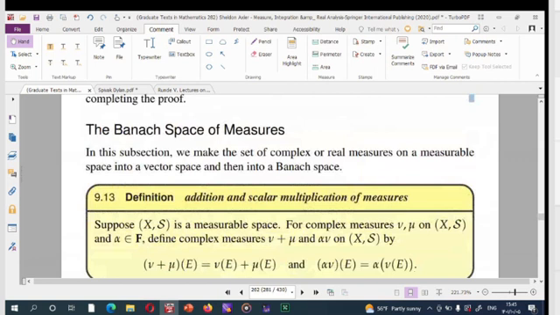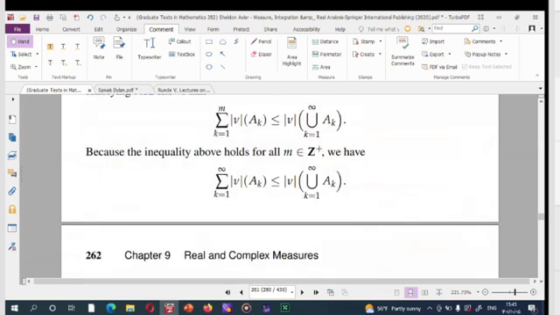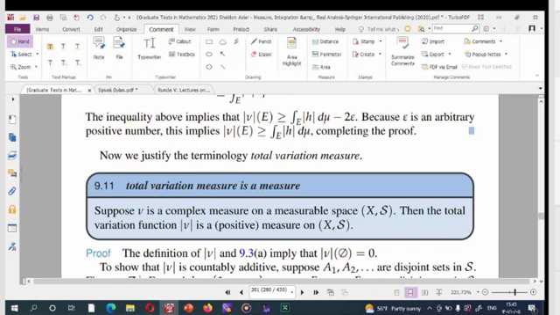And its proof is straightforward, but it is slightly long. For any complex measure on a measurable space x and s, the total variation function is a positive measure.